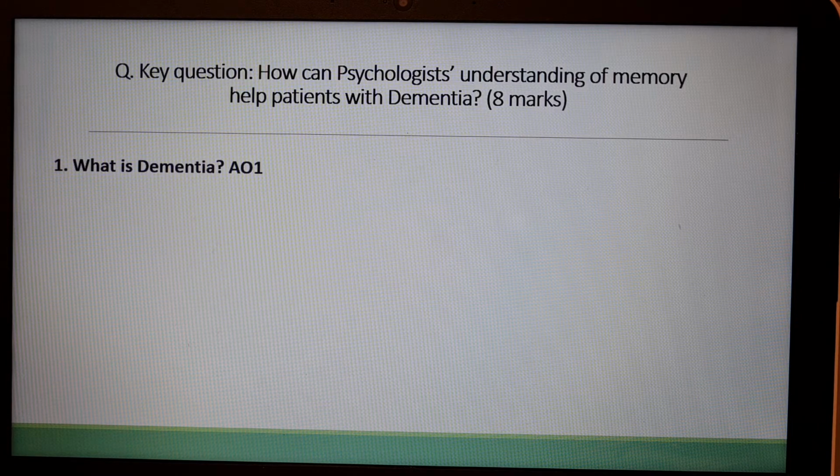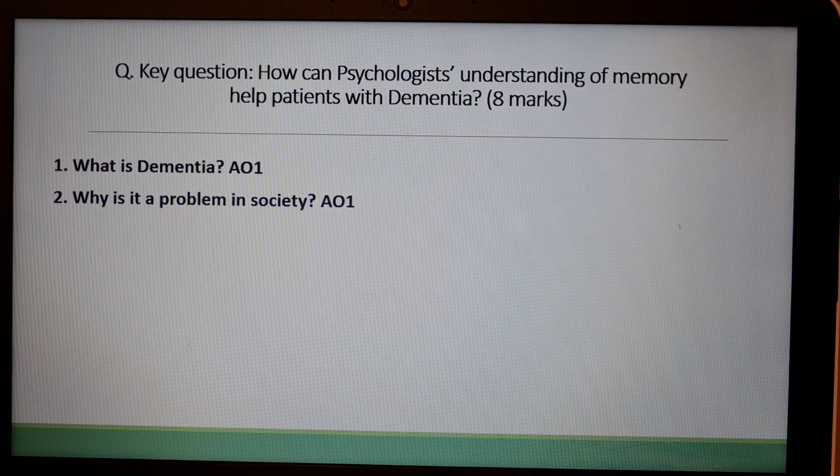Then after that, you'd go on to talk about the link to society, because it's a key question. You have to remember every key question in psychology is always related to society in some way. Dementia is a chronic disorder, and you need to be explaining why it's a problem in society, again for description.